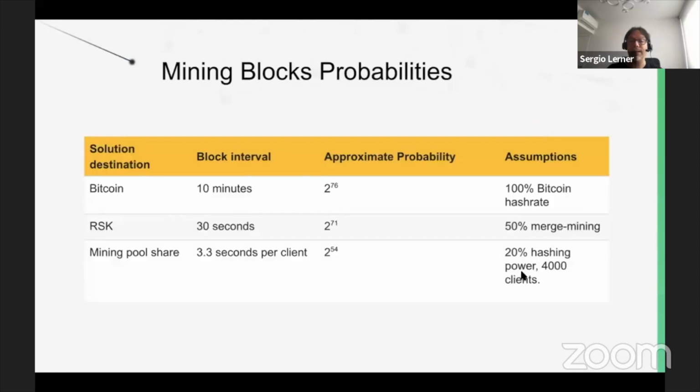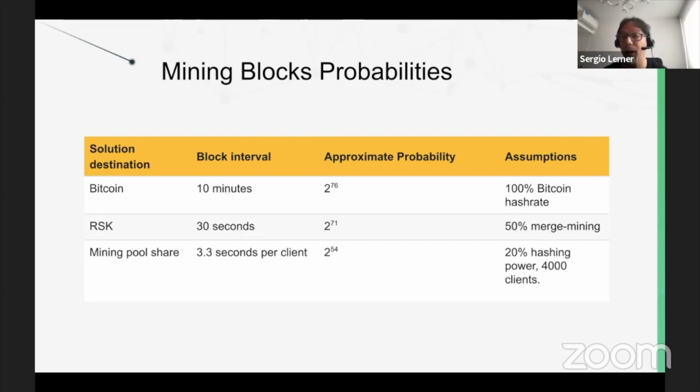So if we take a look at these probabilities, these difficulties, a Bitcoin block is created every 10 minutes, and the approximate probability of finding one of these blocks is 2 to the 66 power, and the RSK block, which is produced approximately every 30 seconds, is almost as hard as a Bitcoin block to produce, like it's 2 to the 71 power, okay?